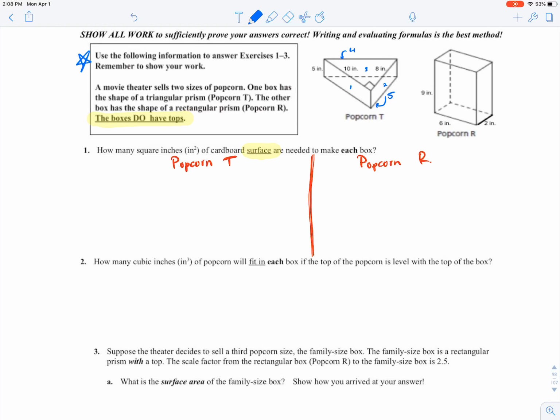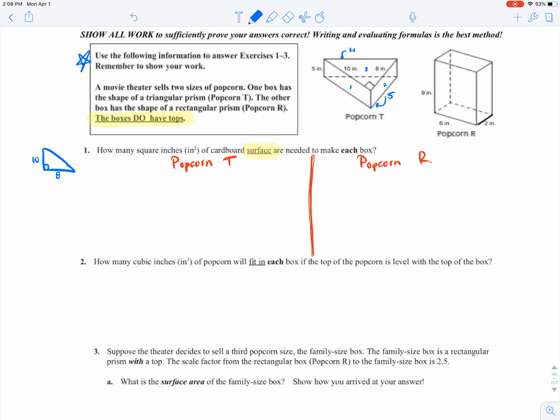The first thing: my base of this prism is a triangle, and the dimensions that are going to help me find the area of this triangle are 10 and 8.